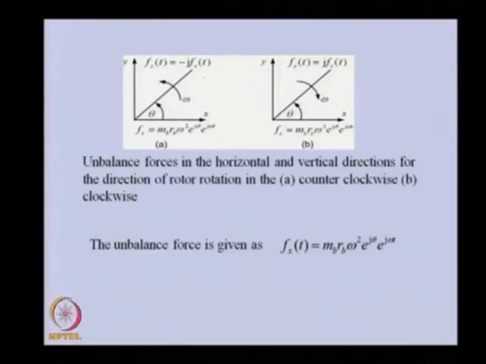And this is the case when the shaft rotation is in the other direction. In this case, the y axis will be leading the x axis by 90 degrees, so the force components in the y direction and x direction will be related by this. Instead of minus j, now only j will be there. So we have considered this particular case.